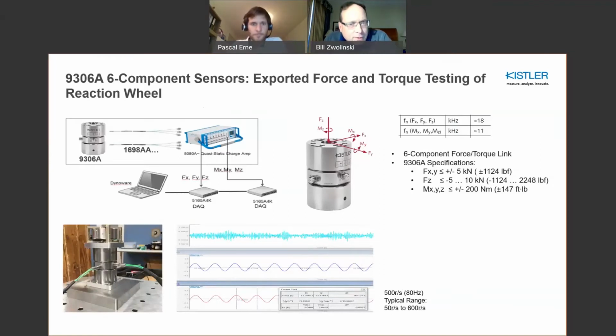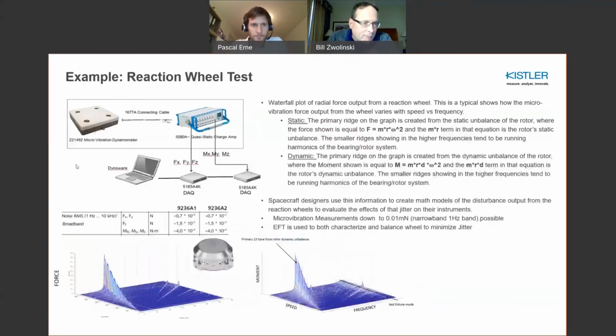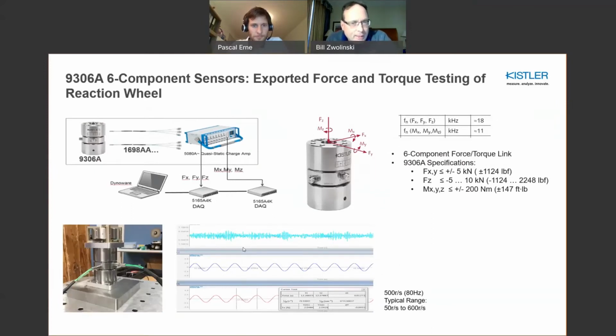Then there's also another tool. In this case here, we used a dynamometer, and this was a calculation where you calculated six components by virtue of those closed form expressions I showed earlier. In this case, this is about a 2.5-inch OD, or say 65 millimeter OD, and about a 4-inch height, or 100 millimeter height, force and torque link.